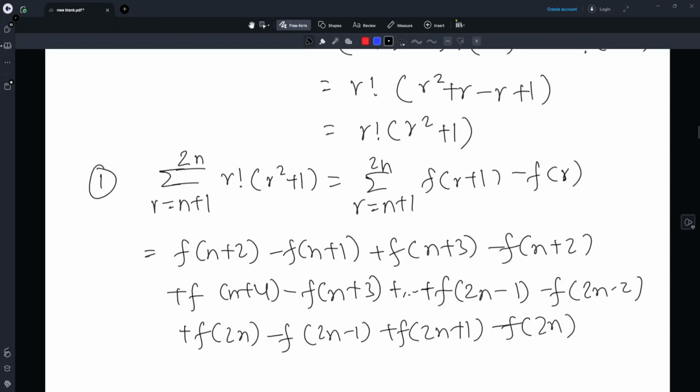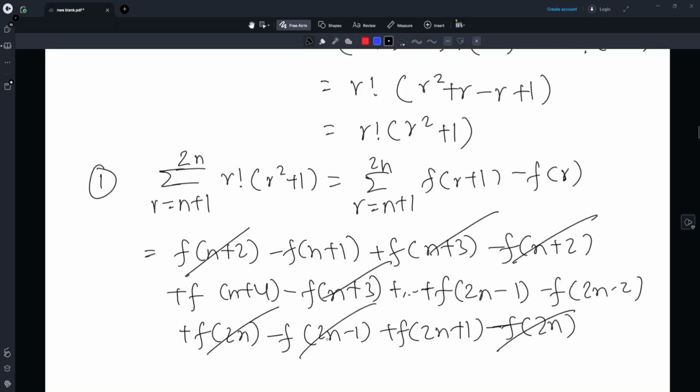So what's happening here is that this one only stays intact. This thing gets cancelled out with second terms minus, this thing cancels out with third terms minus, n plus 4 cancels with four terms minus, n plus 5 with fifth terms minus, and so on. This is the last term. This guy gets cancelled out with the second last terms plus.